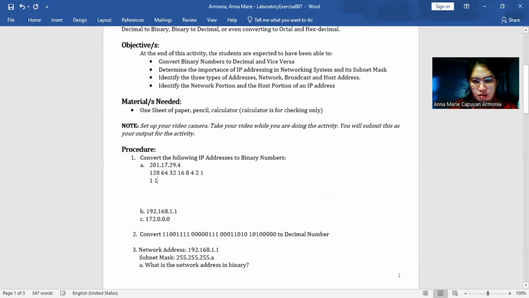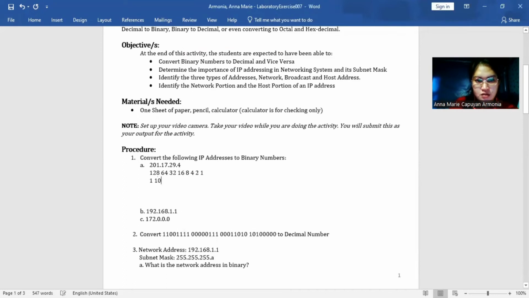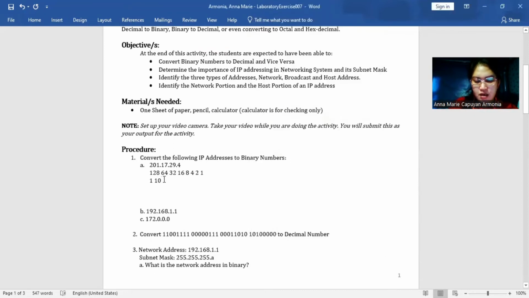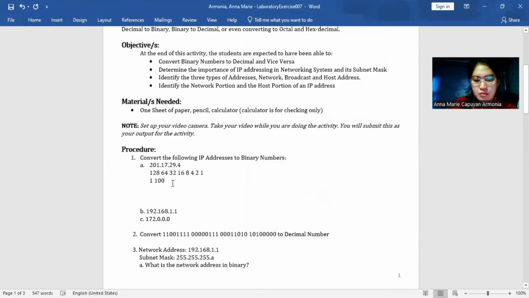And then we will continue with our subtraction, which is 9. The next number would be 32, so it cannot be, so we have to put 0 on it. Then the 16 cannot be subtracted from 9, so again we put 0. Then 8 can be subtracted from 9, so the next one would be 1.